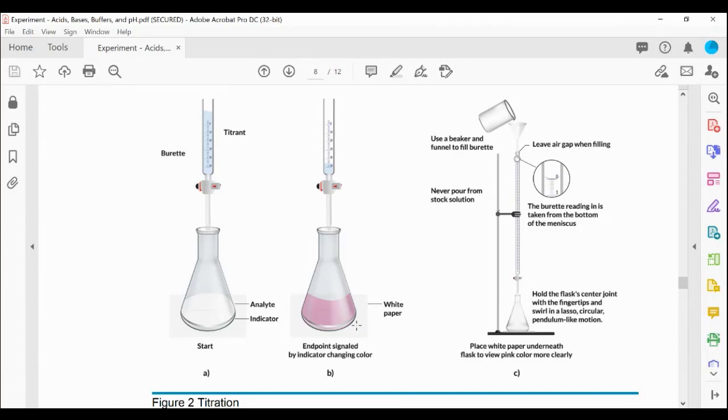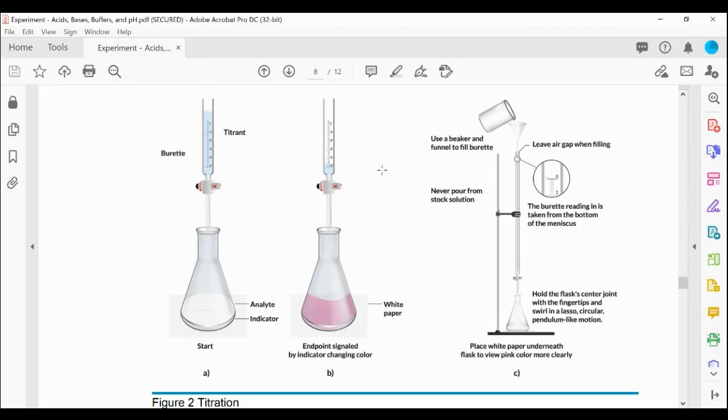At that point, the titration is complete. At the end point, the indicator will turn light pink. And then we stop and we record the volume of sodium hydroxide in the burette.